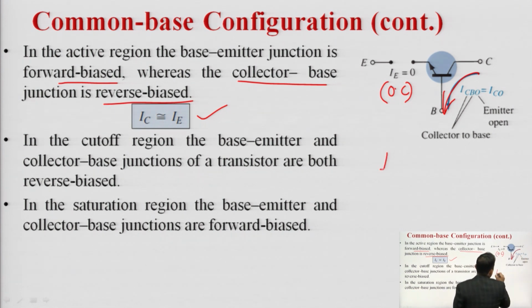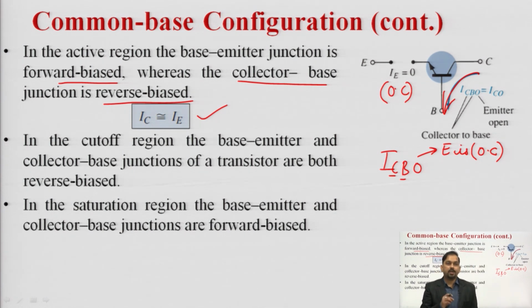ICBO is referred to as the collector to base current when the emitter is open circuit.